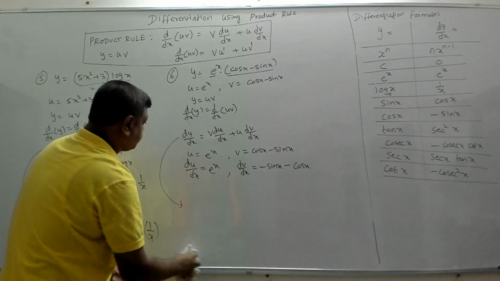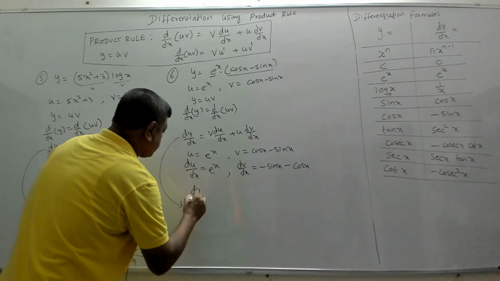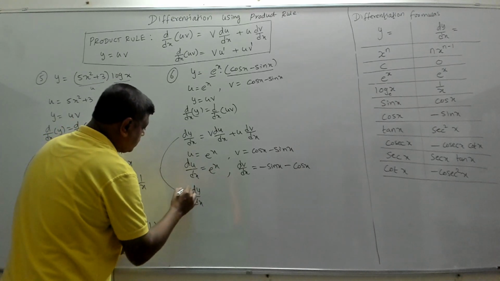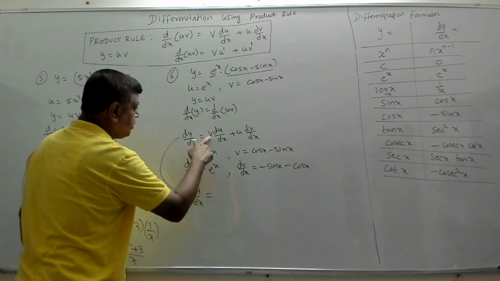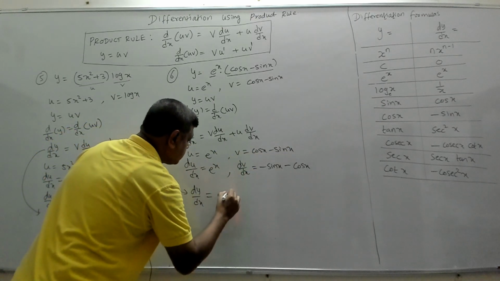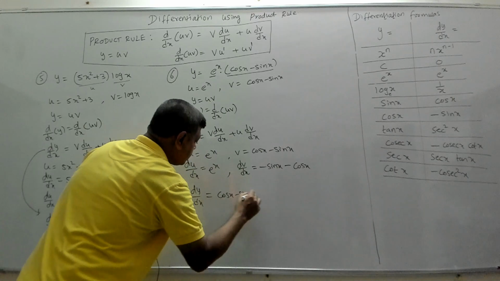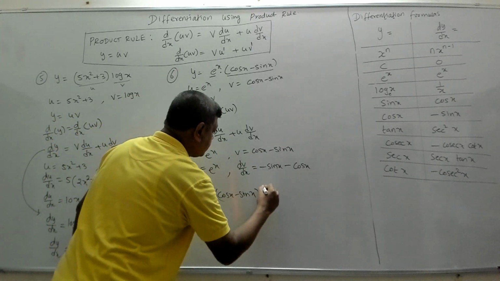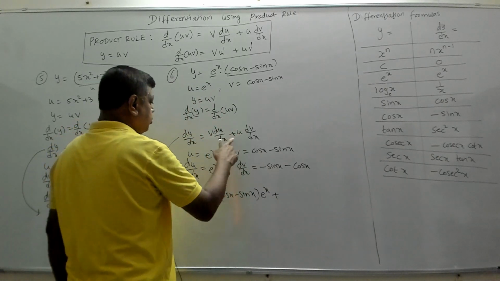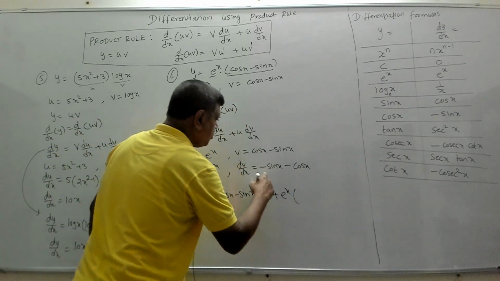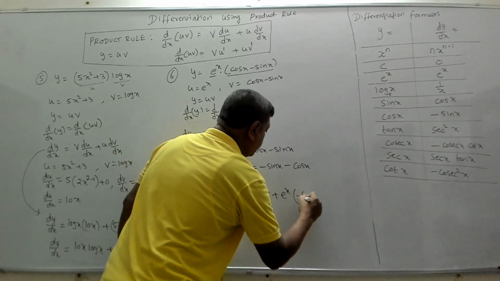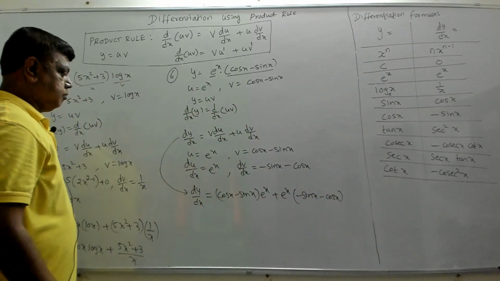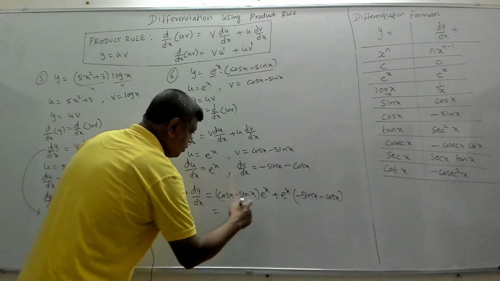So this dy by dx will be equal to v, which is cos x minus sin x, into du by dx, which is e power x, plus u, which is e power x, into dv by dx, that is minus sin x minus cos x. Now e power x is common.